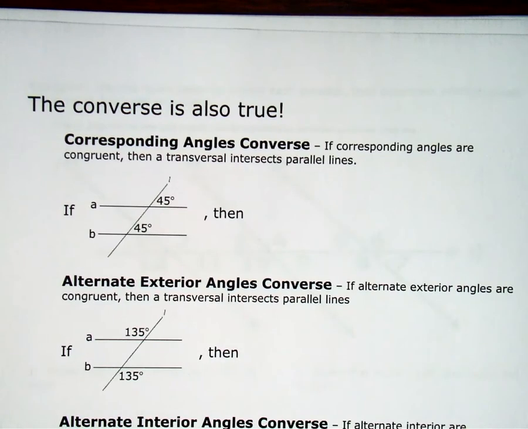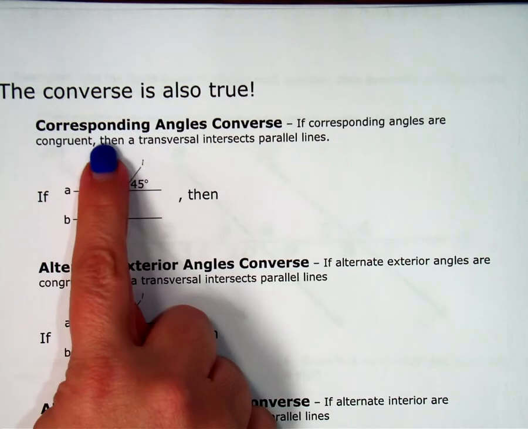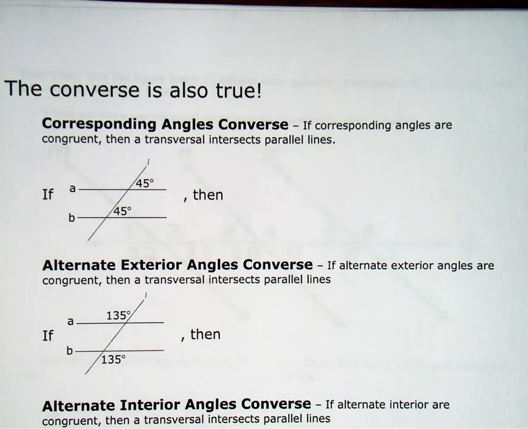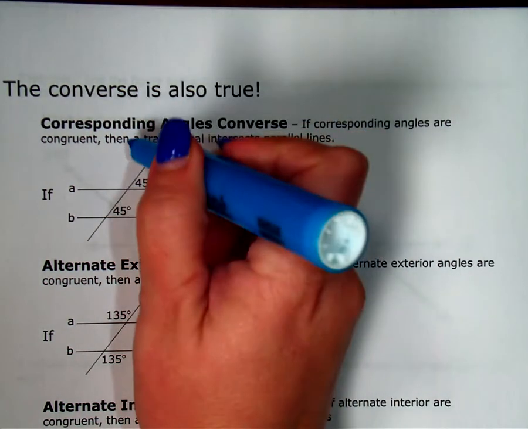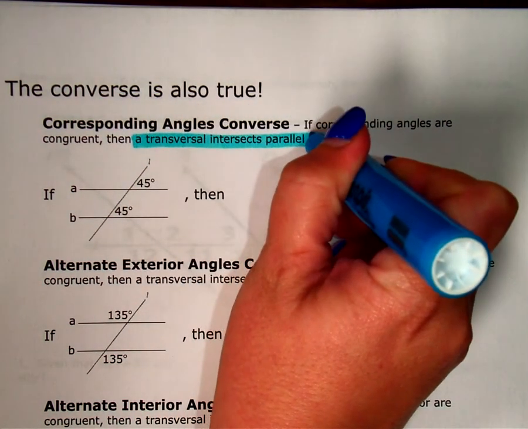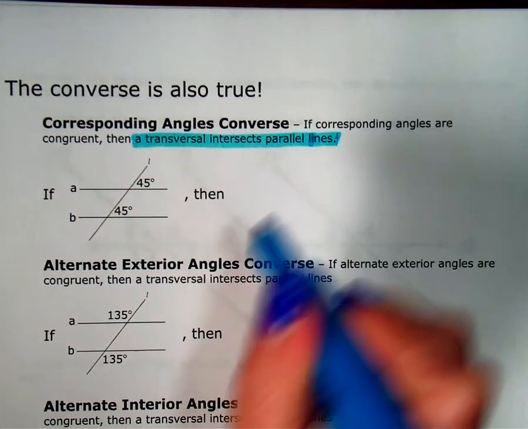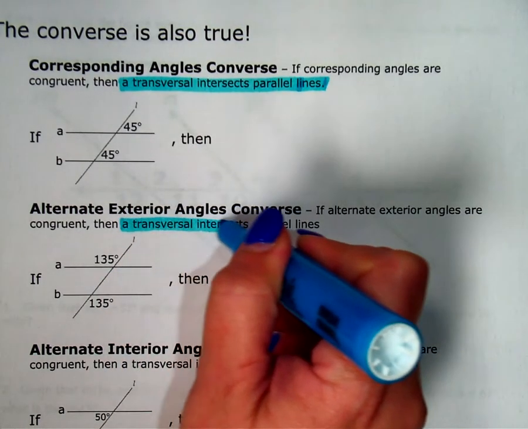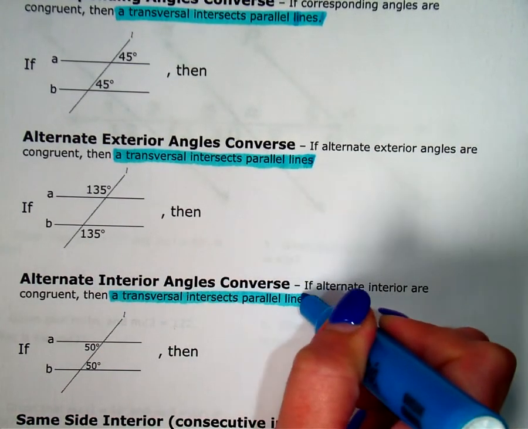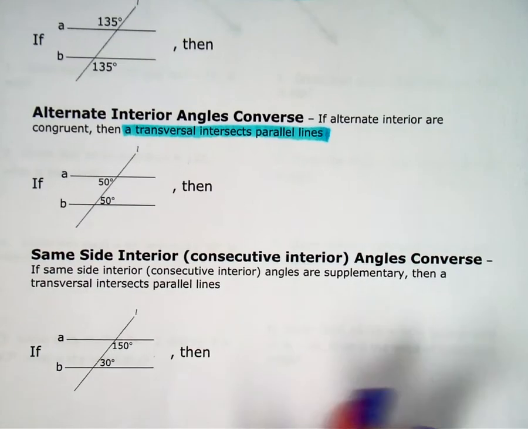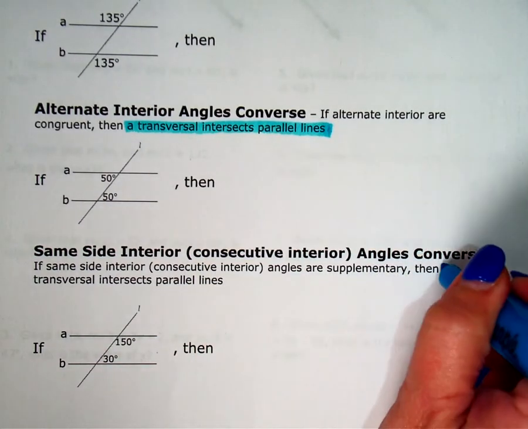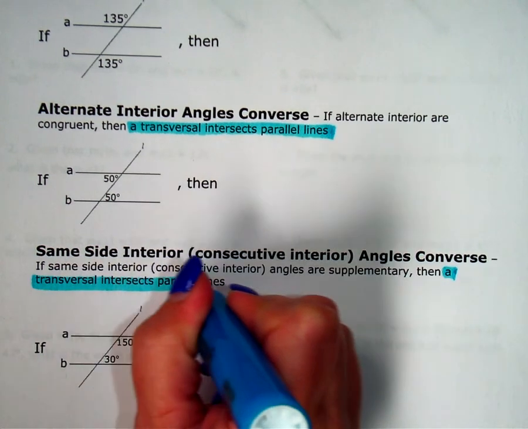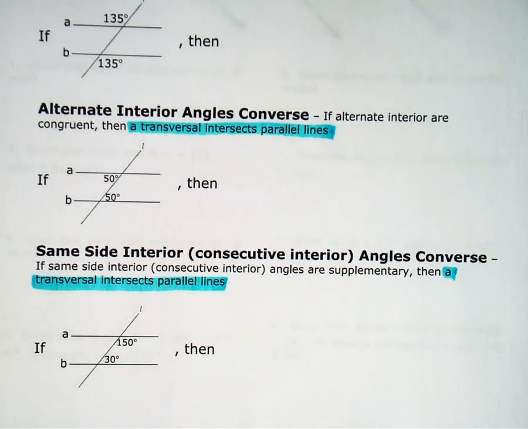Okay? So this time, my corresponding angles converse. So notice what happened. Instead of starting with a transversal intersects parallel lines, that is now my new conclusion. We switched it on each of these, right? A transversal intersects parallel lines is now the conclusion, and after the word then, intersects parallel lines is the conclusion.